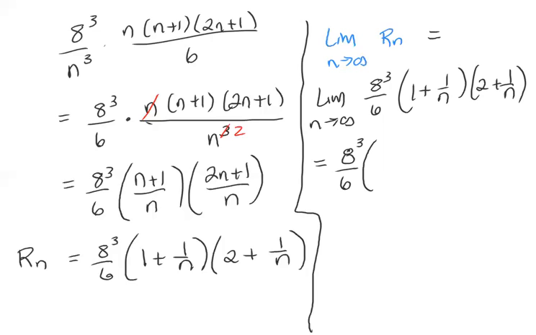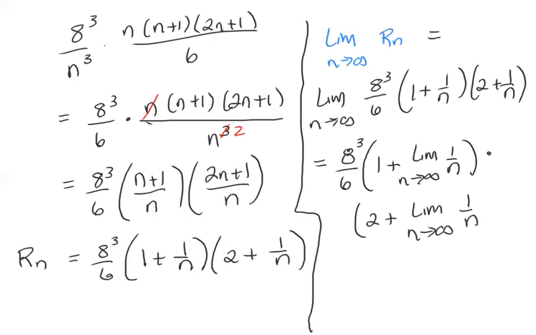I know the limit of a product is the same as the product of the limits, and the limit of a sum is the same as the sum of the limits. So I can essentially write this as 1 plus the limit as n approaches infinity of 1 over n times 2 plus the limit as n approaches infinity of 1 over n, because those are the only terms involving n, therefore they're the only terms affected by this limit.